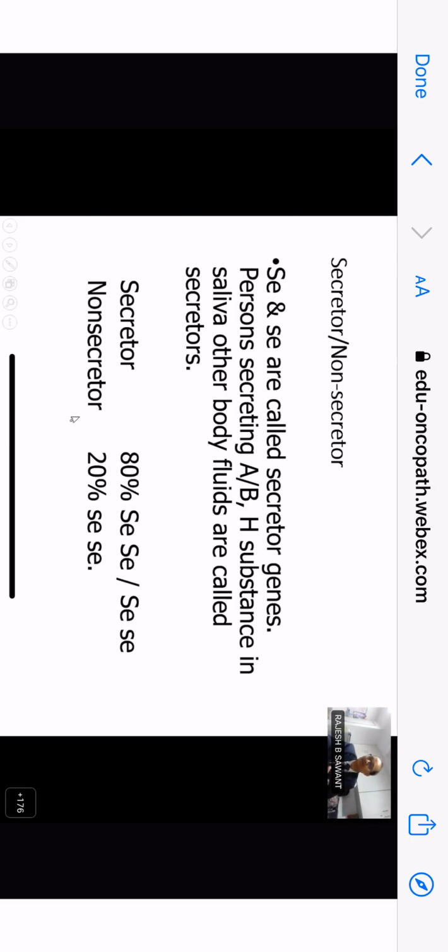So whenever the blood group is not very clear, or you're dealing with a possible subgroup, one test that you do in addition to the traditional blood group testing is secretor screening. 80% of us will be secretors, 20% will be non-secretors, so we may not have any blood group substance in our body fluids.